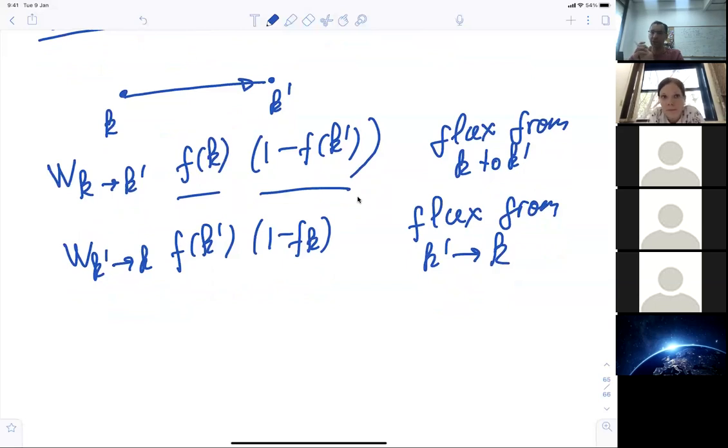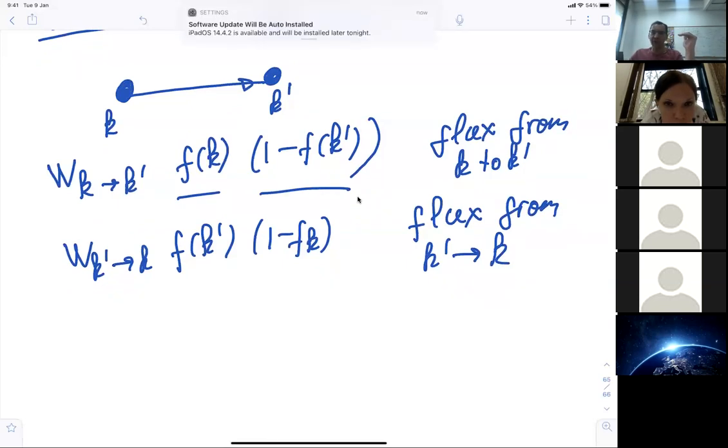The first part is accurate. If you're at equilibrium, it means that the number of electrons in the state k does not change, and neither does the number of electrons in the state k prime. So this is what we know for sure. If you're at equilibrium, then the occupation of any state does not change in time.